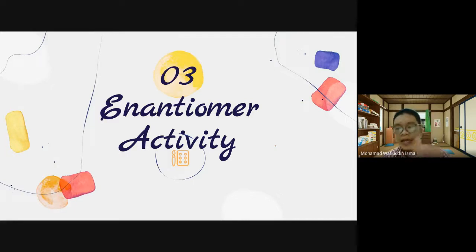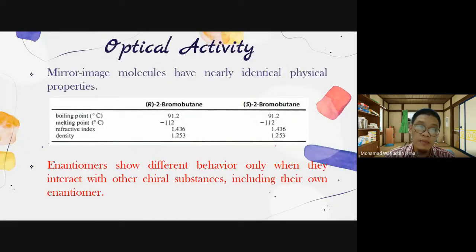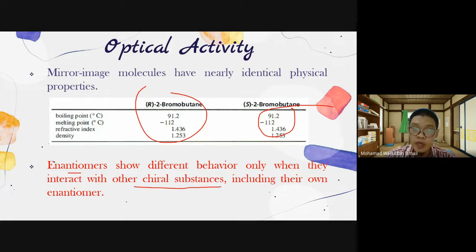Unlike stereoisomers, which have exactly the same properties. Mirror image molecules have nearly identical physical properties. But enantiomers show different behavior only when they interact with other chiral substances, including their own enantiomer.